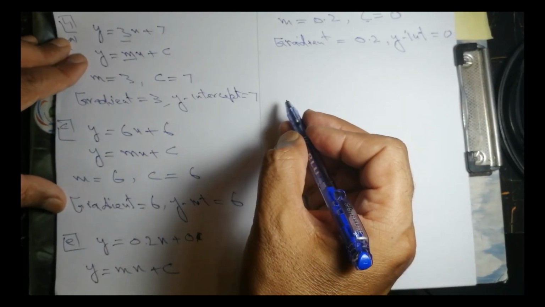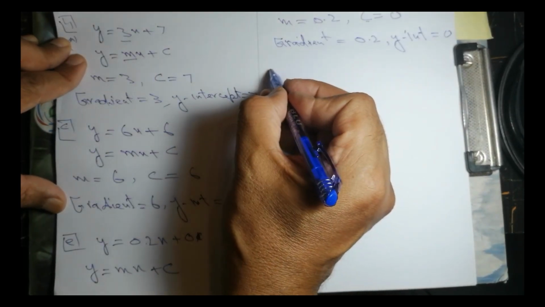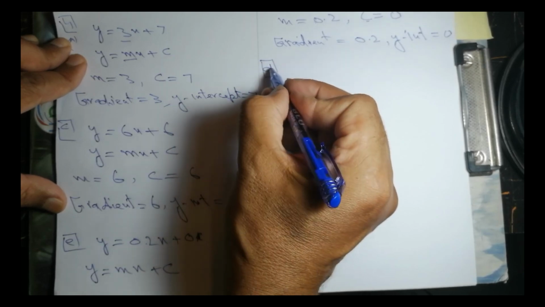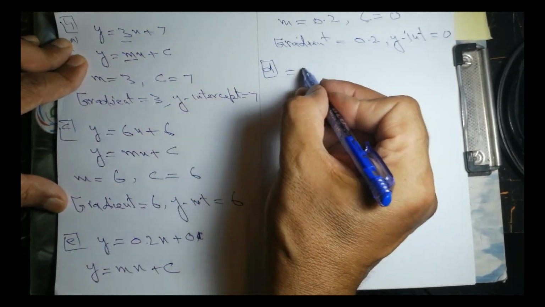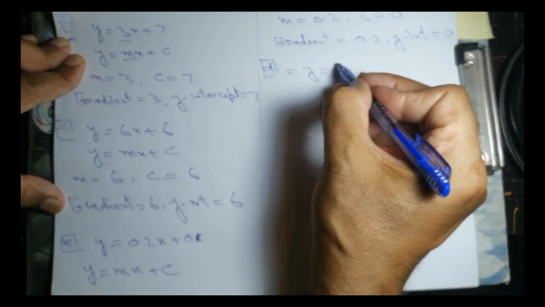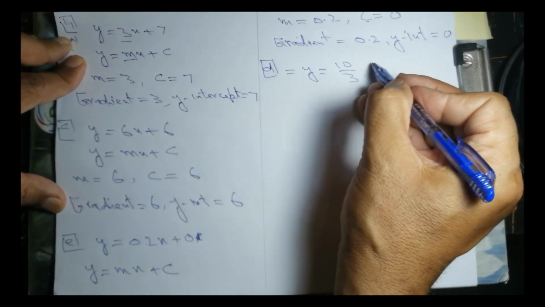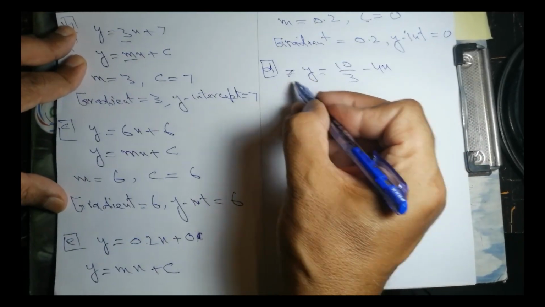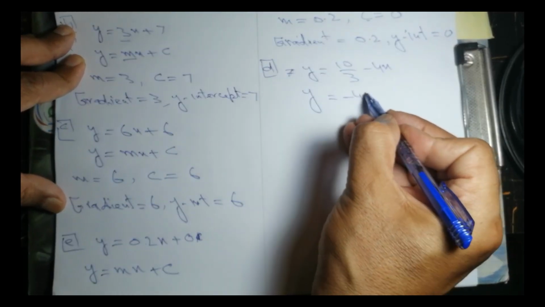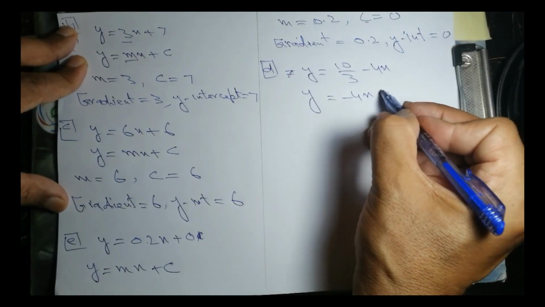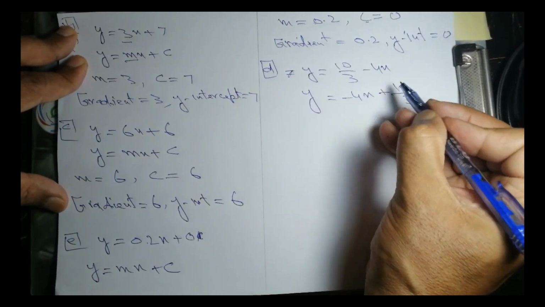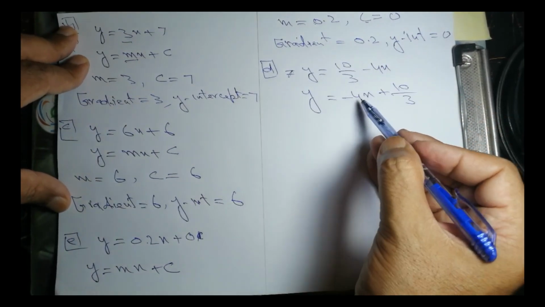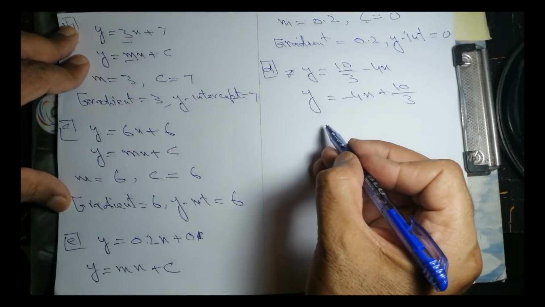Then part D of this question, y equal to 10 by 3 minus 4x. We can write it in standard form: minus 4x plus 10 by 3. Write the x term first and the constant term after.